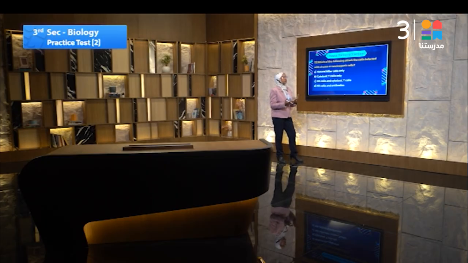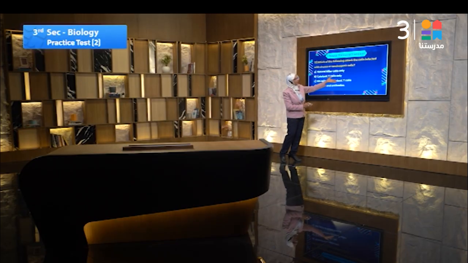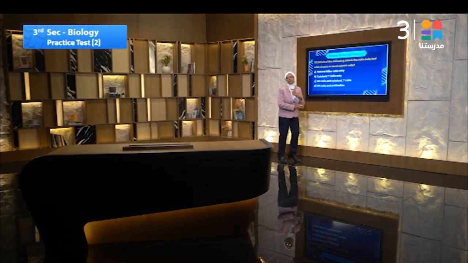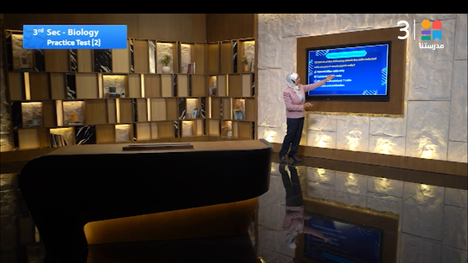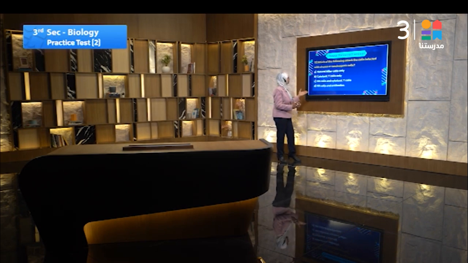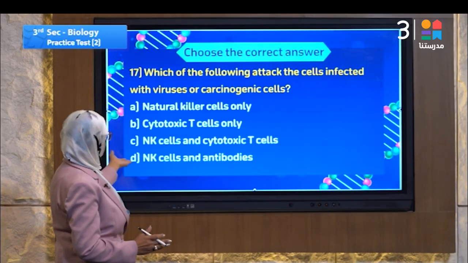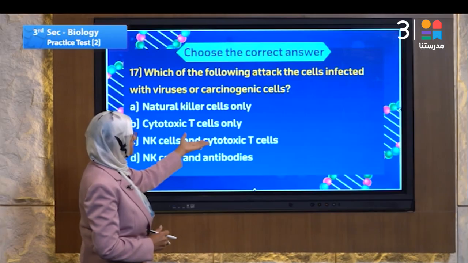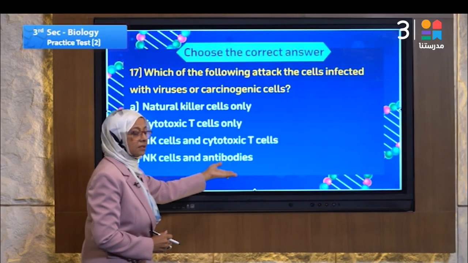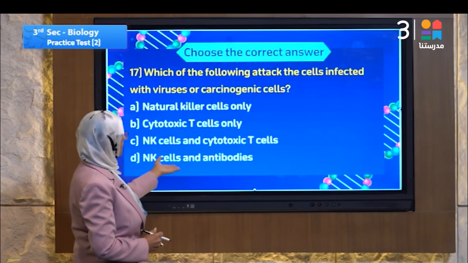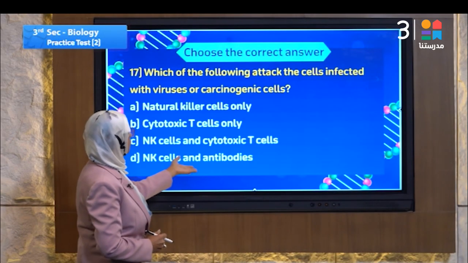Which or who? Let's read the choices. Number A, natural killer cell only. I suspect the word only. The only is not the right answer at all. Cytotoxic T cell only, natural killer cell and cytotoxic T cells, or natural killer antibody.